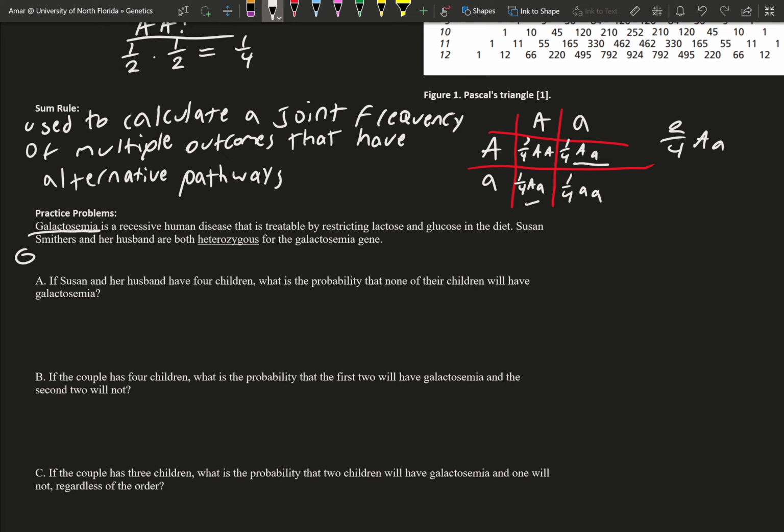So basically from this information, what we have here is a monohybrid cross where both individuals are heterozygous. And because galactosemia is a recessive human disease, you would have a 1/4 chance to have galactosemia.